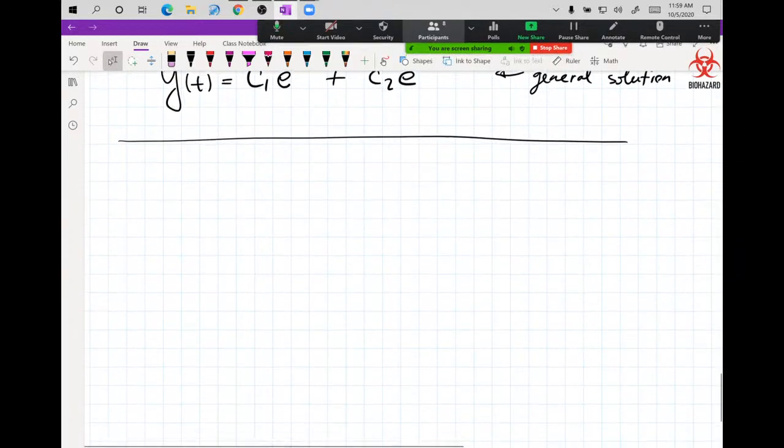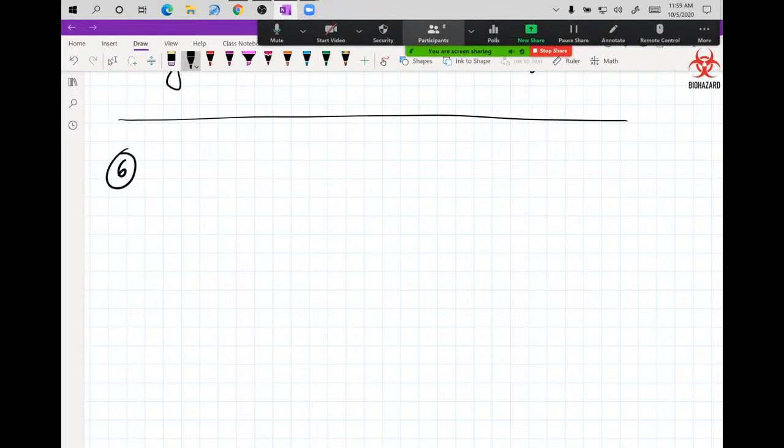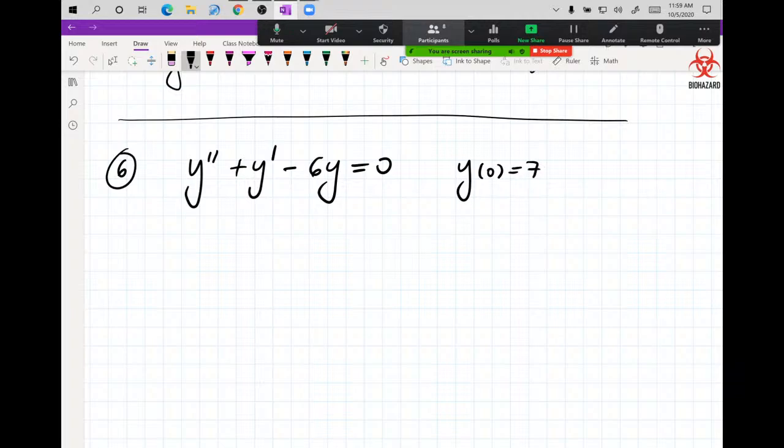Here, problem number 6. So try this: y double prime plus y prime minus 6y equal to 0, and the initial conditions are y of 0 equals 7 and y prime of 0 equals negative 1.